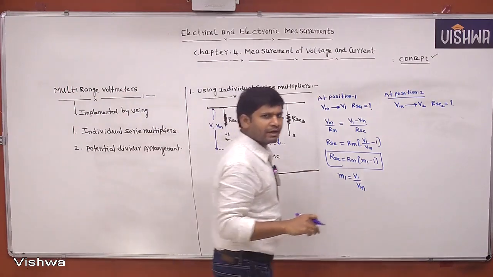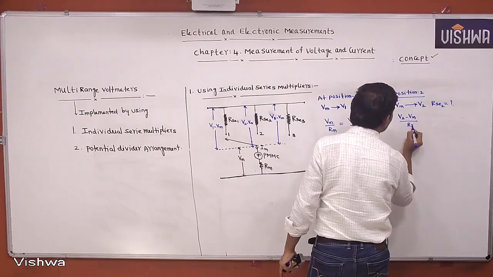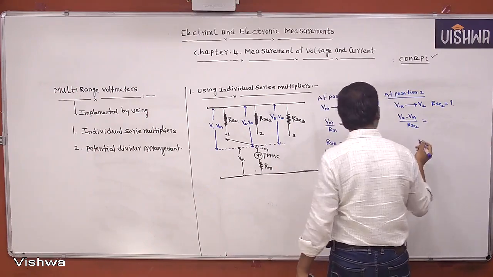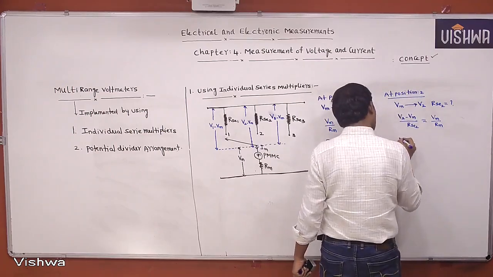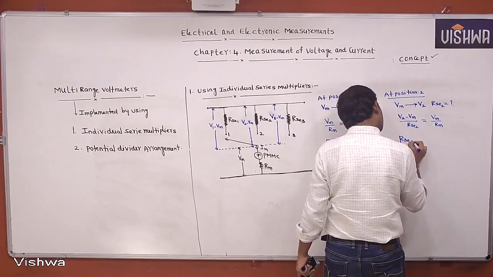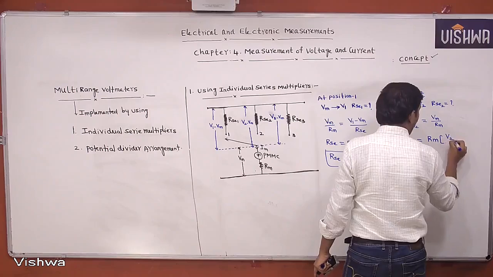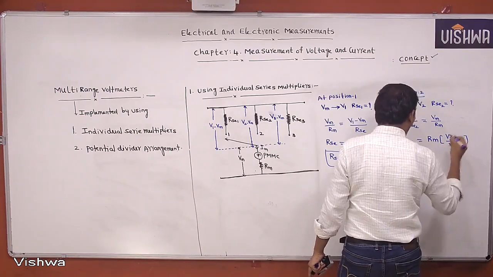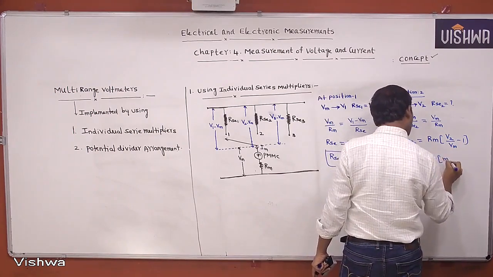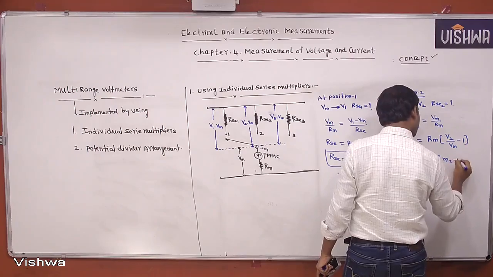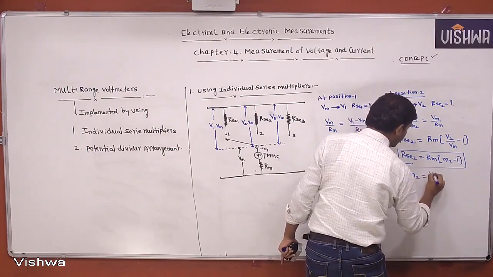V2 minus Vm by RSC2 is equal to Vm by Rm. Then RSC2 equals Rm into M2 minus 1. Then what is M2 equal to? V2 by Vm.